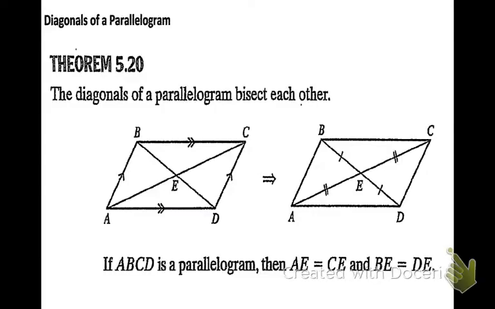Theorem. The diagonals of a parallelogram bisect each other. All right? So, if we have a parallelogram, we know the diagonals bisect each other.